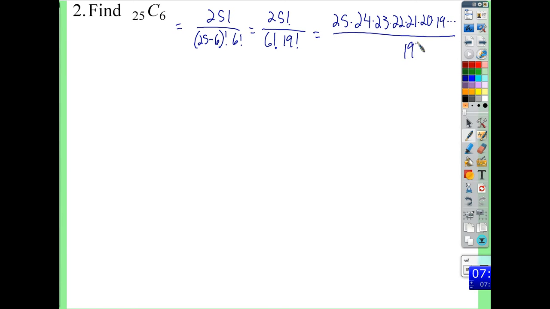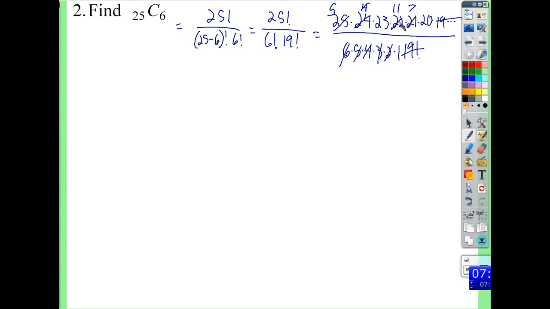The 19 factorial will cancel all those factors from 19 on back to 1. Divide by 6 factorial. Let's see, this 6 can cancel with 24. That leaves 4, that 4 can cancel with that 5. 5 cancels with 25. This 3 can cancel with 21. This 2 can cancel with 22.